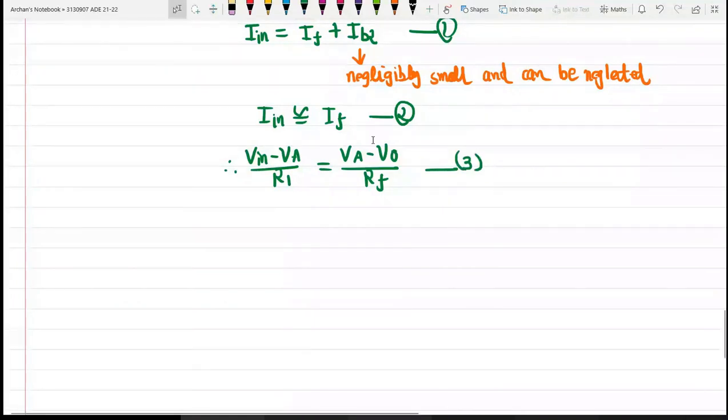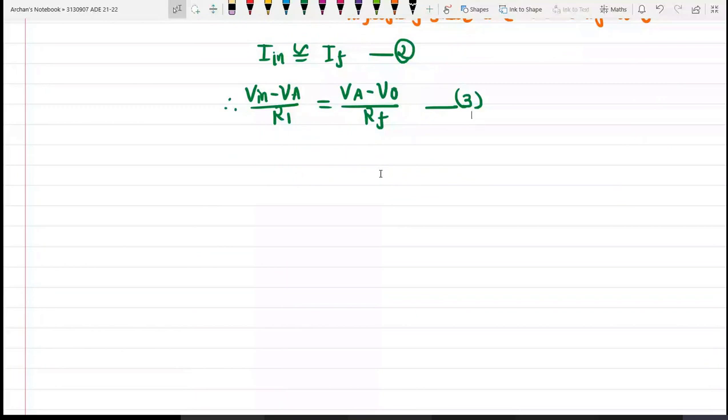Now we also know the output voltage equation. It is equal to gain times the input voltage, which is nothing but the differential voltage VD.